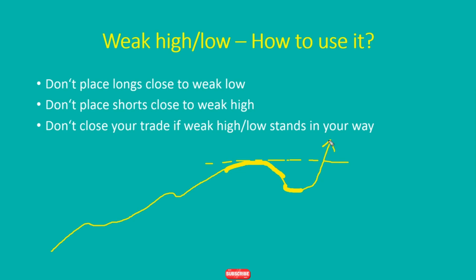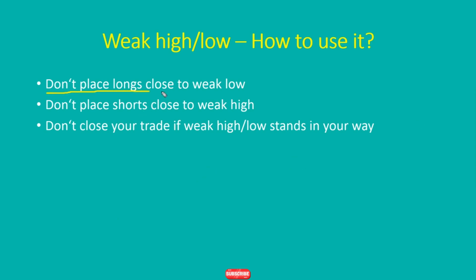So the price tests it again, it tests above it. So this is why you shouldn't place your shorts close to the weak high. All right, so it's not very clever to place shorts close to the weak high like this. So don't place your longs close to a weak low and don't place shorts close to a weak high, because weak lows and weak highs tend to be tested.